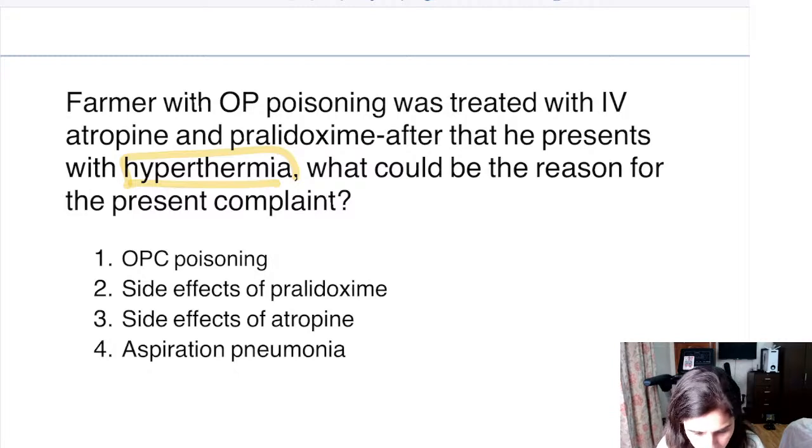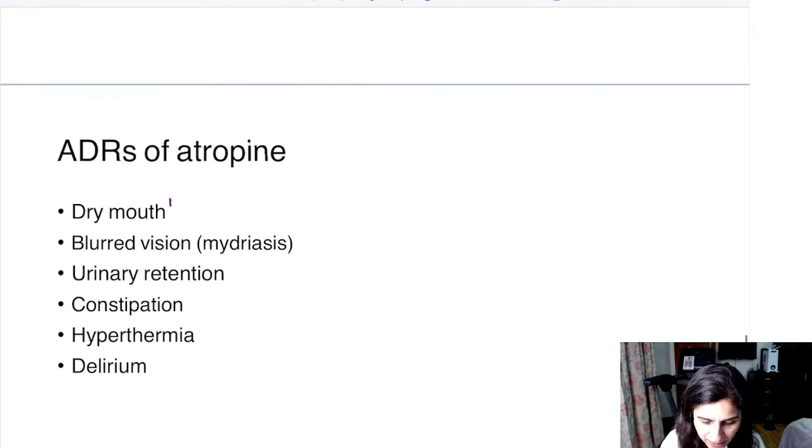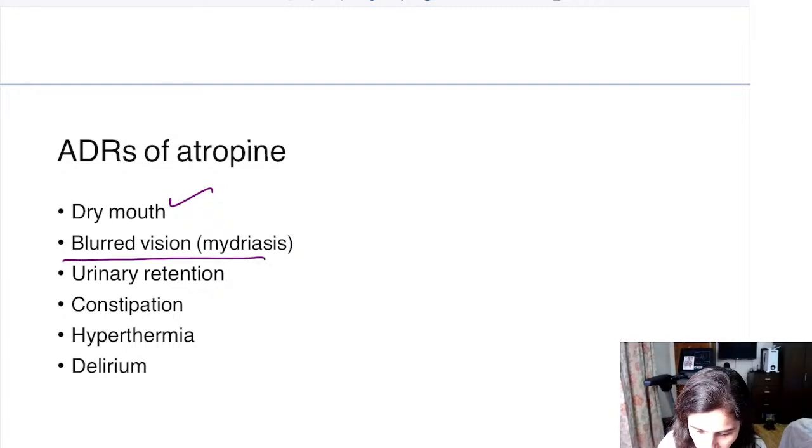Okay, you said third, very good. Side effects of atropine. Excellent. So what are the other side effects of atropine? You should know these side effects. Dry mouth, because it decreases all the secretions. Blurred vision, mydriasis.